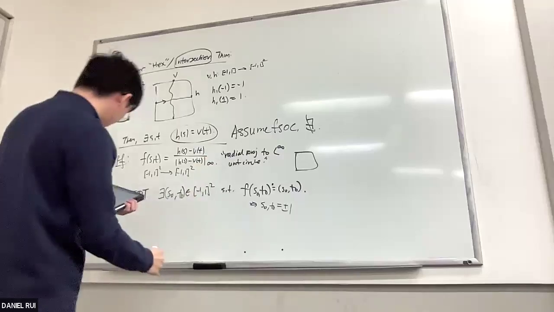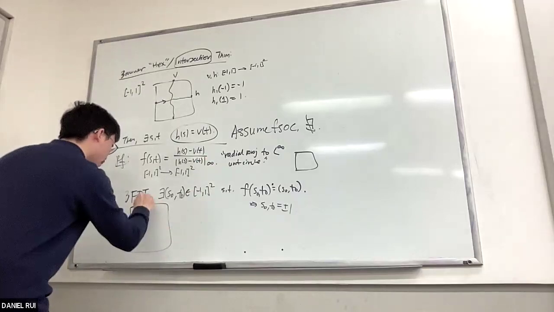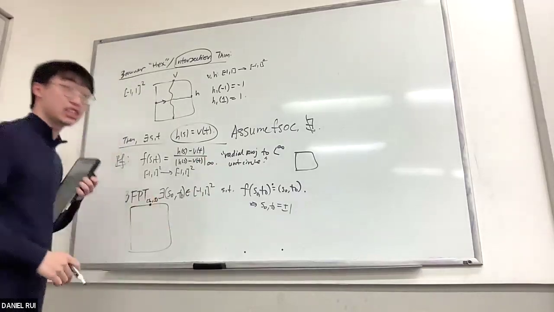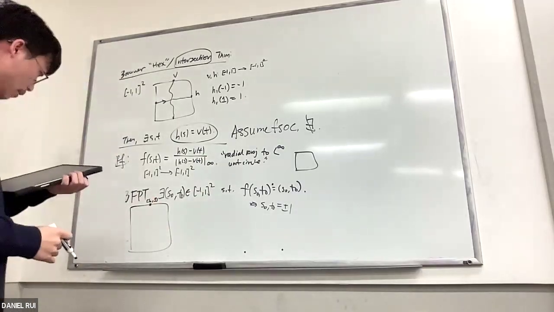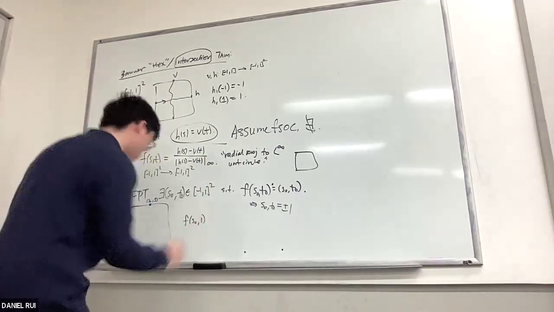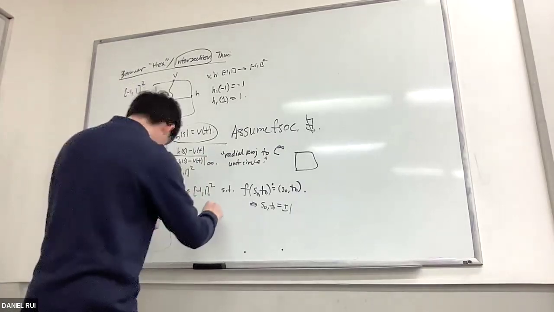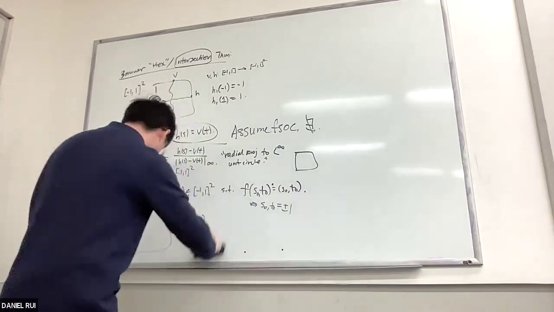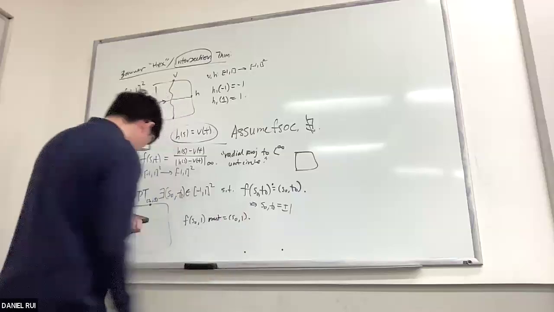But then, for instance, let's say that S0, 1 is a fixed point. If S0, 1 is a fixed point, then look at f of S0, 1. This must equal S0, 1, right?